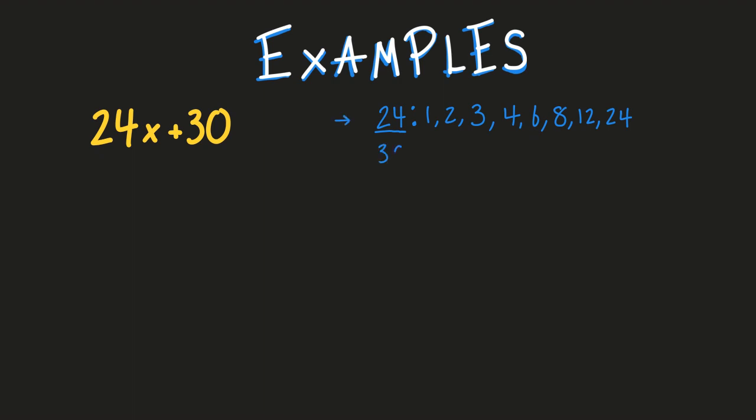Let's take a look at 30. Let's say 1, 2, 3, 5, 6, 10, 15, and 30. Those are all of the factors of 30.